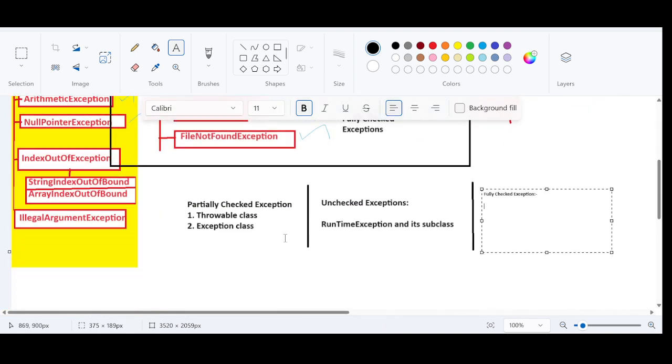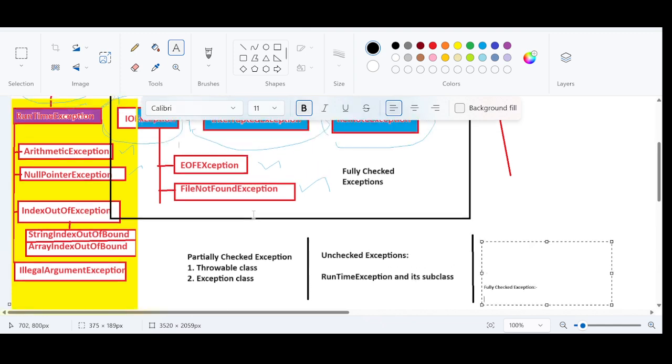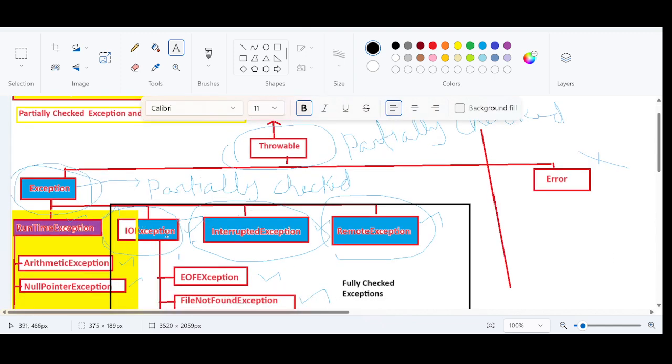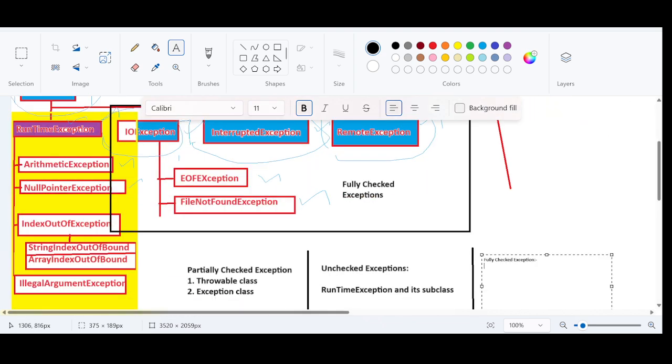Apart from these two, IOException, InterruptedException, or RemoteException, these are called fully checked exceptions. You can give these examples: IOException, InterruptedException, RemoteException, and so on.